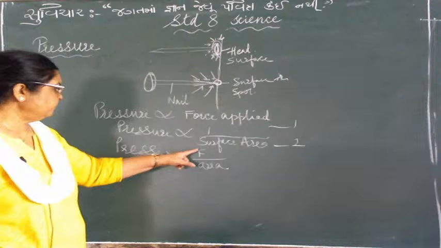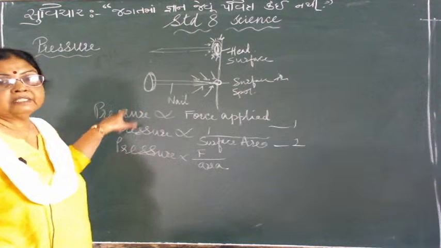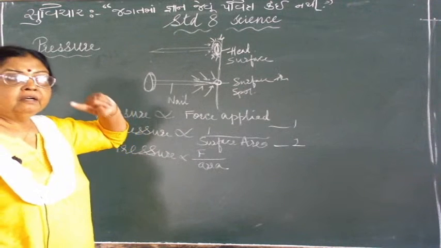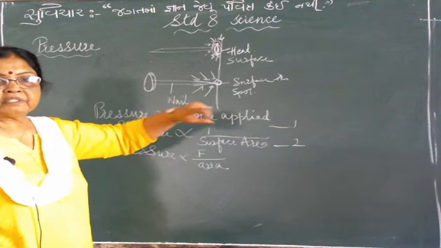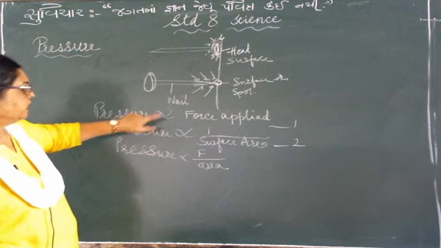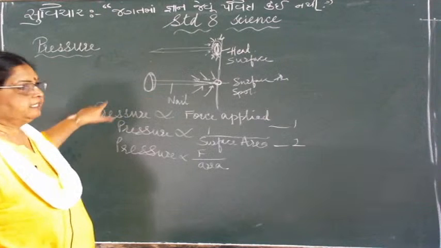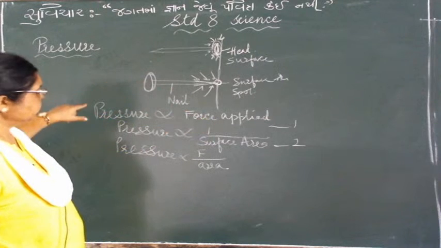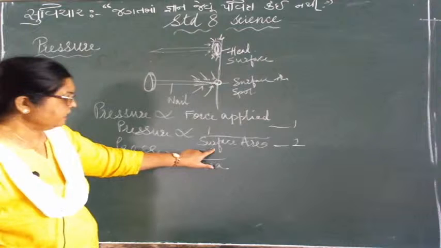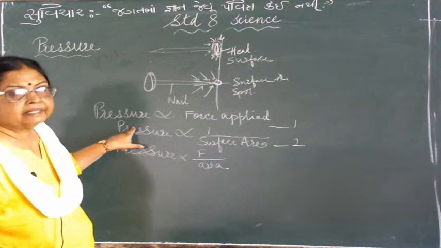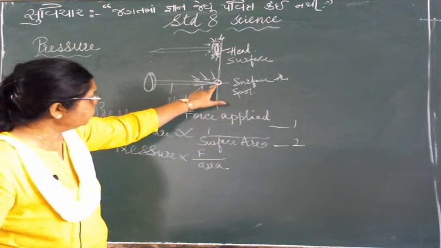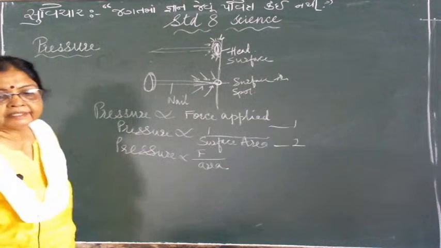So F is directly proportional to pressure. Is there any connection between force and pressure? Yes. As force increases, pressure increases. Force decreases, pressure decreases. As surface area increases, pressure decreases. Surface area decreases, pressure increases.